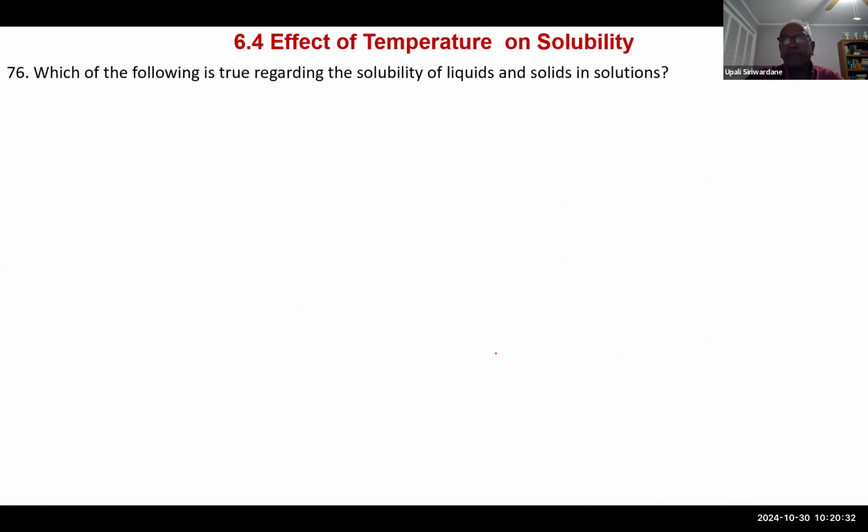Which of the following regarding the solubility of liquids and solid dissolution is true?